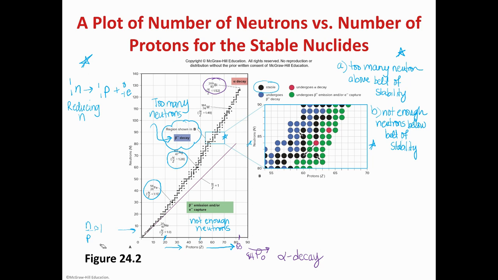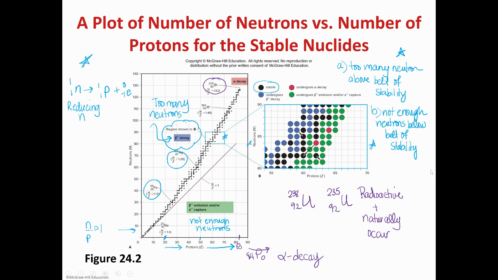Uranium is a good one because that one's very famous. So uranium-238, uranium-235, these are radioactive and naturally occurring. So they do occur in nature. They're in the rocks. So the Earth has this natural radiation to it.